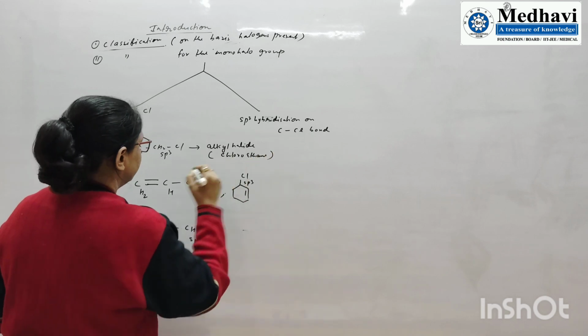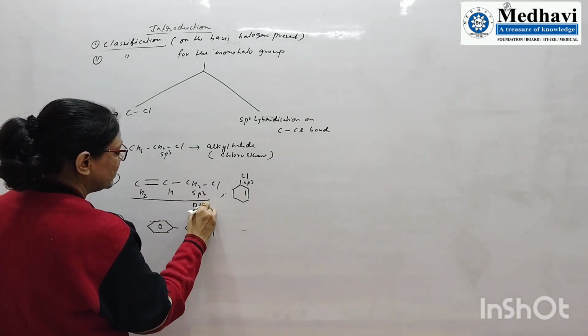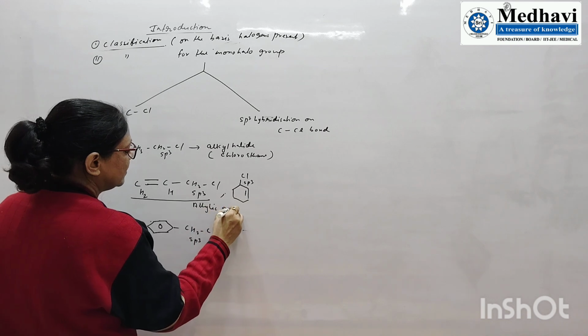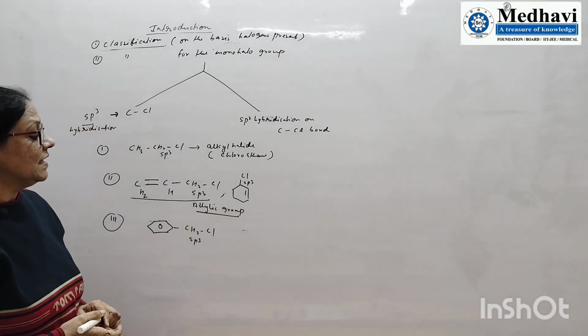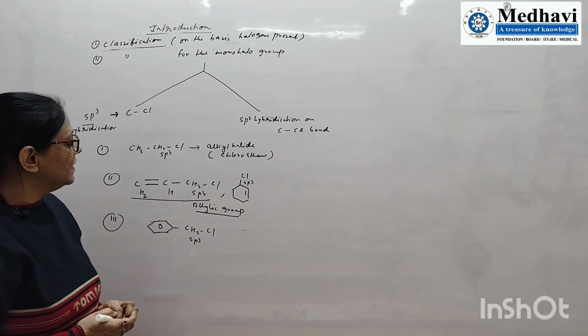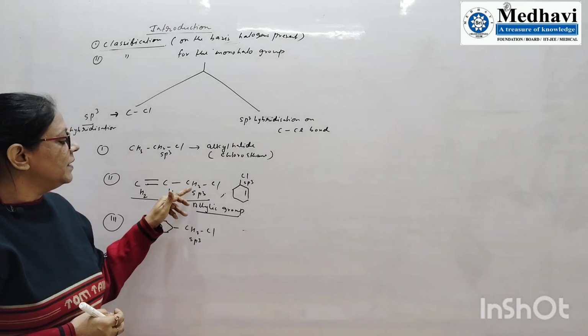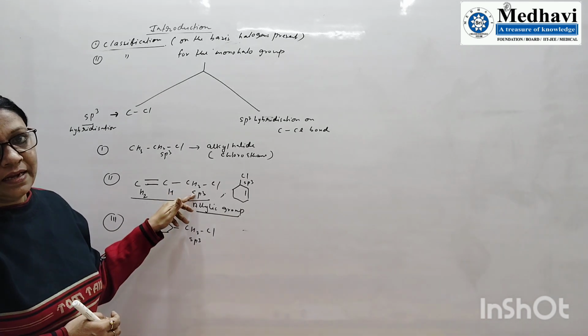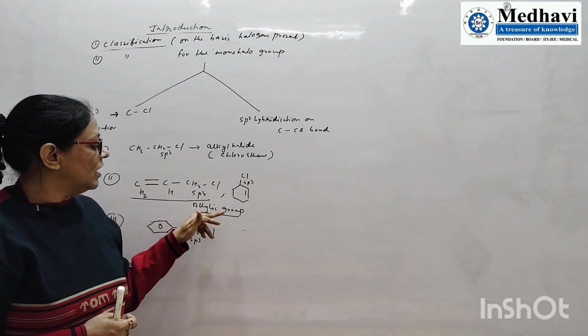Very, very important. This is called the allylic group. What is the allylic group? You can say that if the halogen is present on an sp3 hybridized carbon next to a carbon-carbon double bond, it is called an allylic group.